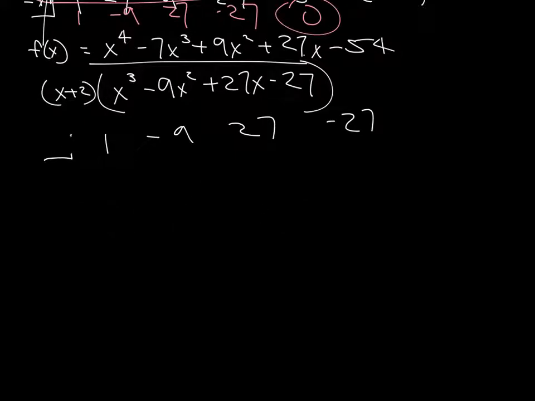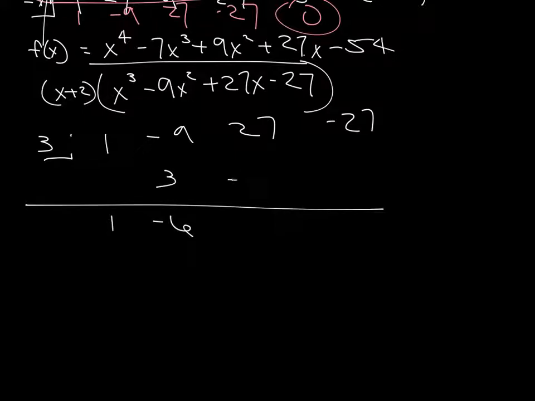So what do I want to try next? Let's go ahead and try 3. So I get a 1, 3, negative 6, negative 18, that's a 9, 27, 0. So 3 works. My other factor, other than x plus 2, is going to be x minus 3.